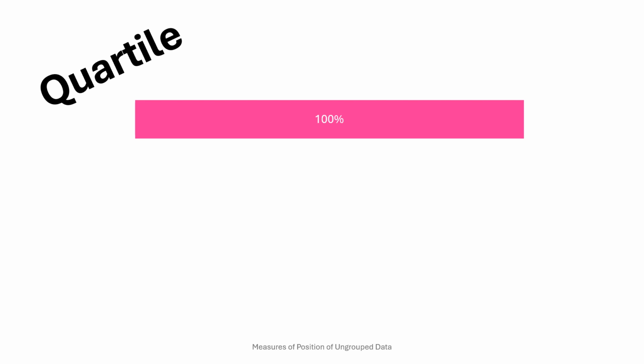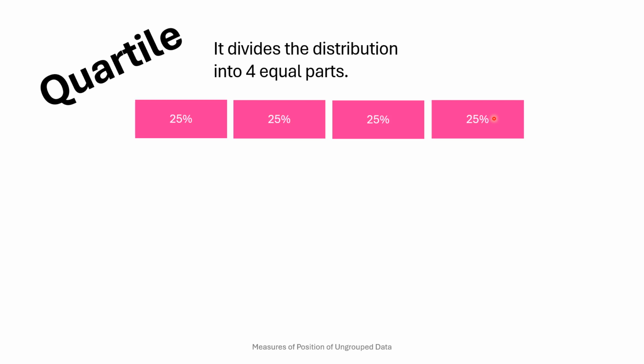Suppose this is a data set, and of course it is 100%. Quartiles divide the distribution into 4 equal parts. Each part is equal to 25%.